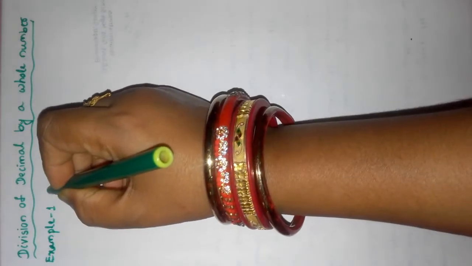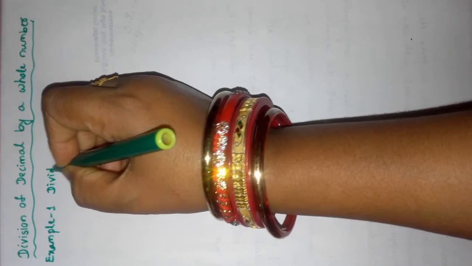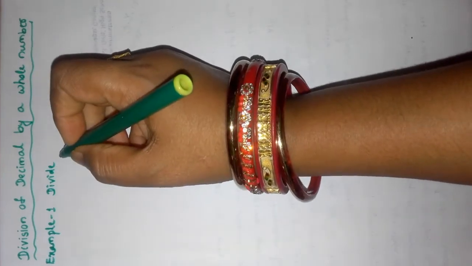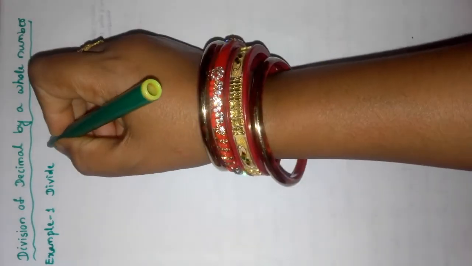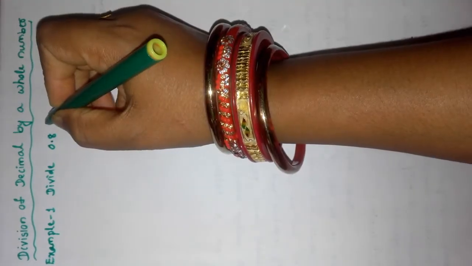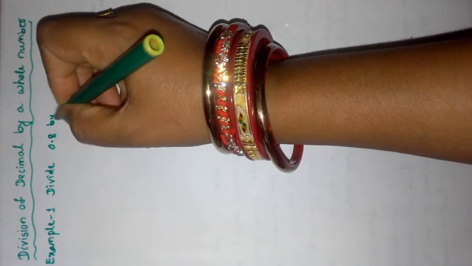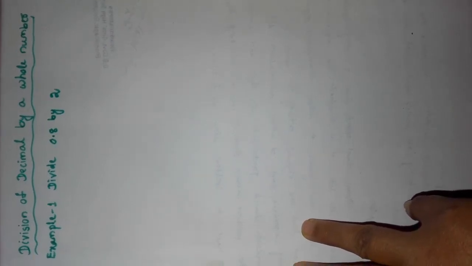Example 1. Divide 0.8 by 2. We have already learnt about how to divide a whole number by another whole number.